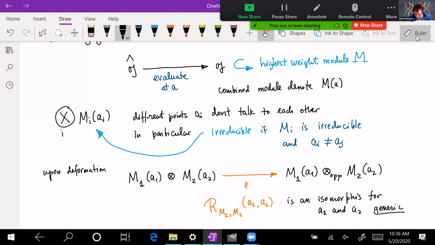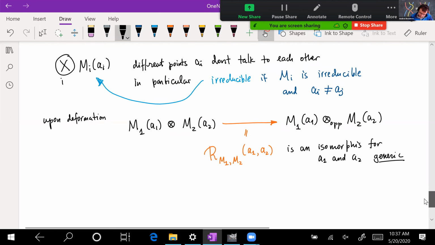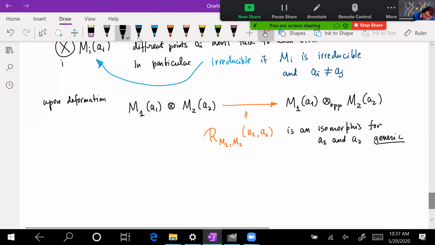And now that point where they become reducible might have moved. So this map may have a kernel and cokernel at some particular values of a1, a2, but otherwise it's an isomorphism. This means that this is in fact a rational matrix.